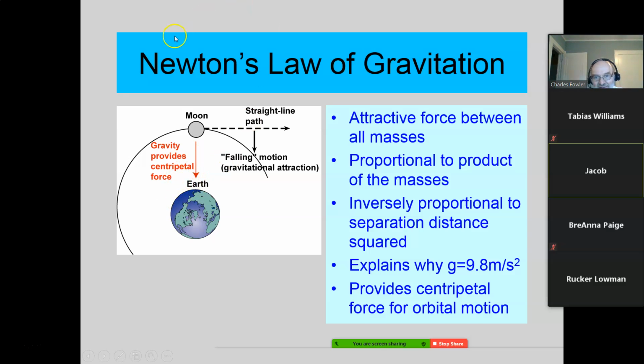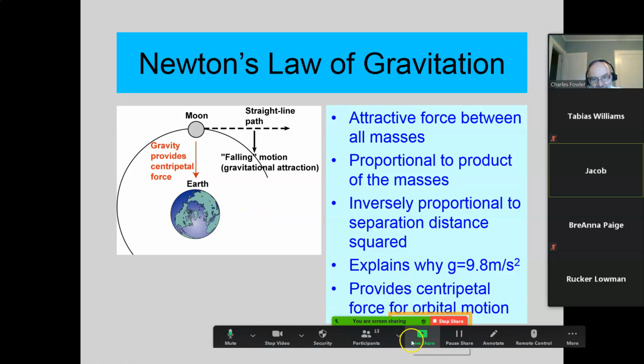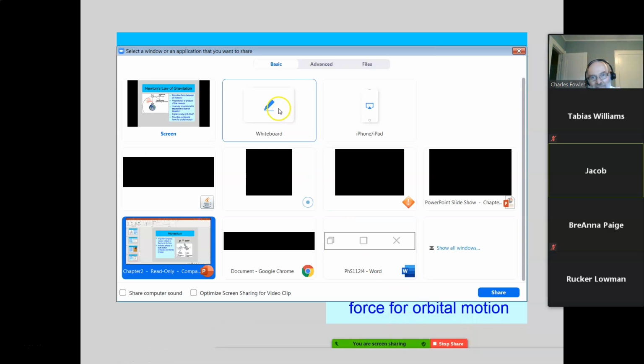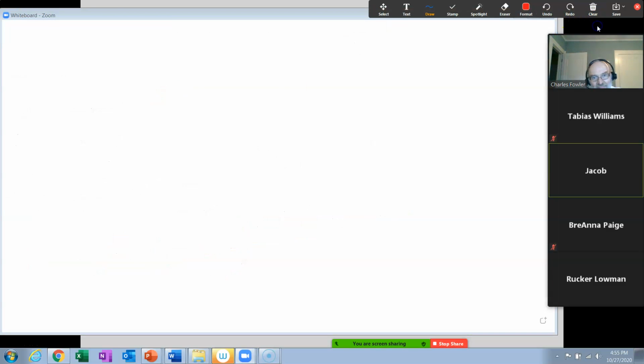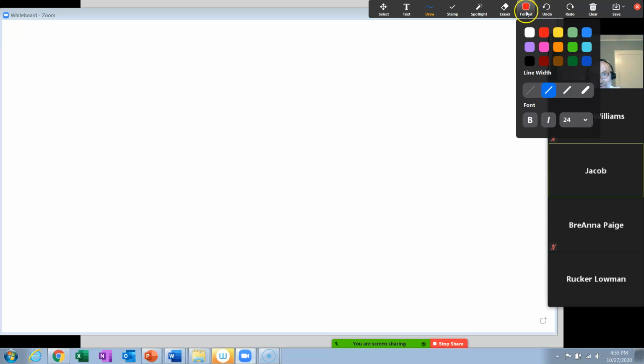If I hold my pen too close to the one board, the other thing doesn't work. So let's go back to the whiteboard here and clear the drawing. Do you want to go back to black or leave it red? Doesn't matter to me. Anybody? Leave it red.